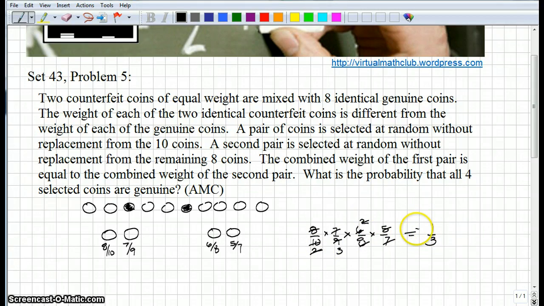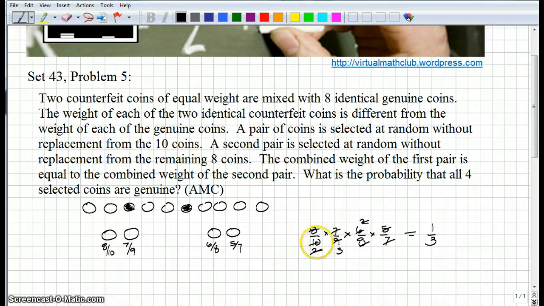But you have to be careful, because that's the total probability. That's the probability that all the coins are genuine out of all the possible combinations of coins that could come up. But what we're looking for is the probability that, if the 2 sets of coins weigh the same, all the coins are genuine. So we have to be careful.